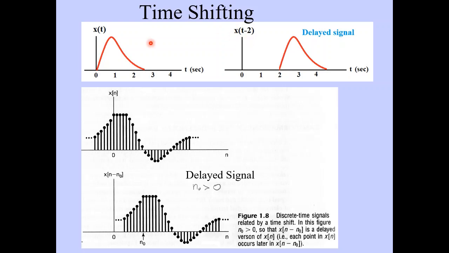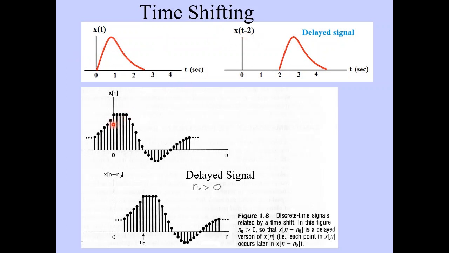So this is x of t. When we go x of t minus 2, that has the effect of delaying the signal. By the way, if we add 2 instead of subtract 2, as you can probably guess, this is going to shift to the left, and that would be an advanced signal.